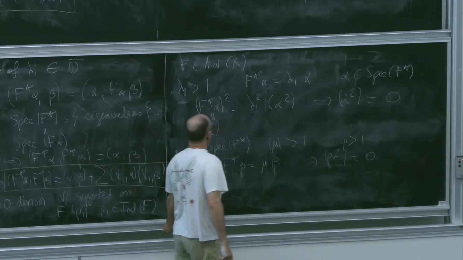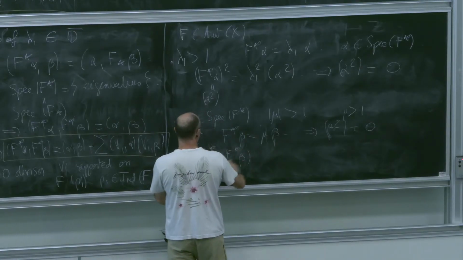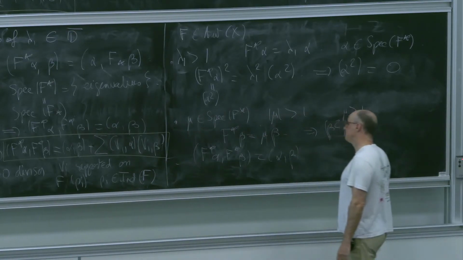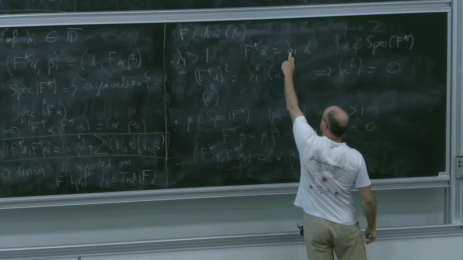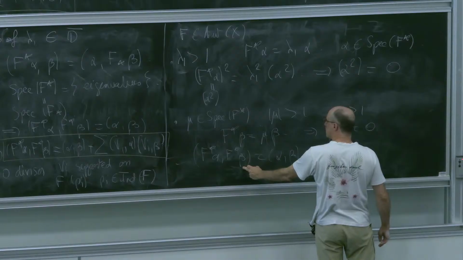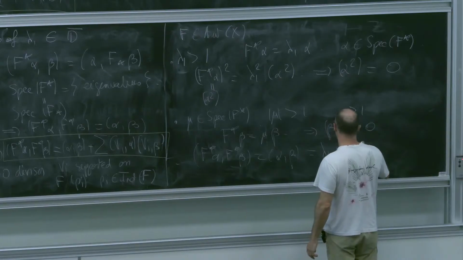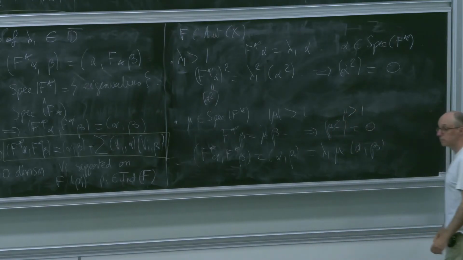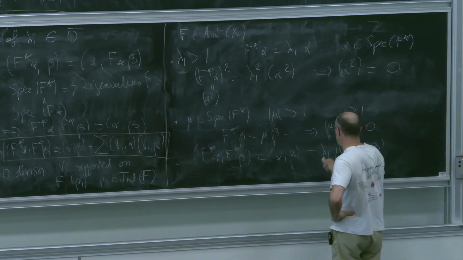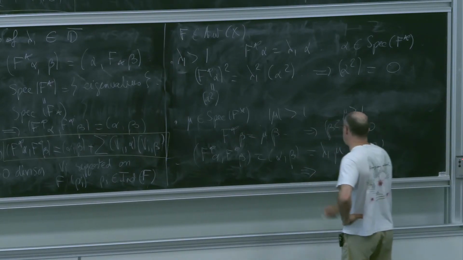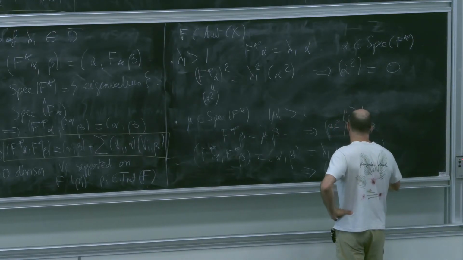But you can also look at the intersection of alpha and beta, right? So this is alpha dot beta, because it is an isometry. But here, alpha is the eigenvector with eigenvalue lambda 1, and beta is the eigenvector with eigenvalue mu. So this is also lambda 1 times mu alpha dot beta. So this implies again that alpha dot beta is equal to 0.